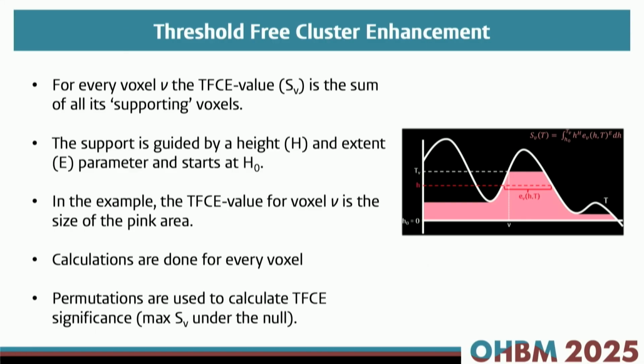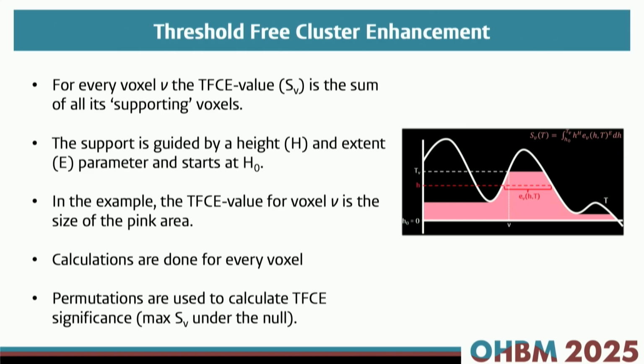This enhanced statistic value is the integral of all the pink areas that we have here, the sum of all the pink areas. So this voxel has a t-value, and the enhanced t-value will not be this value, but the value of the sum of the entire support, as we call it.